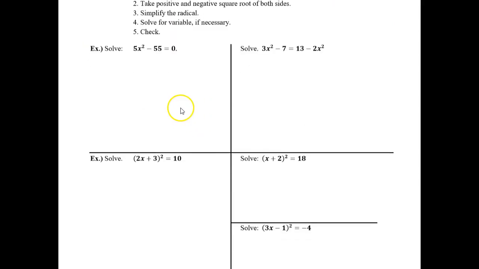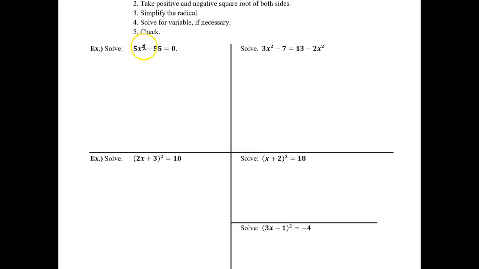Alright, so to use this principle, we can use it on particular types of equations. The way we can identify those equations is if we have a squared term and no other x terms or variables floating around. For example, here I have x squared, but I don't see x. There's only an x squared.